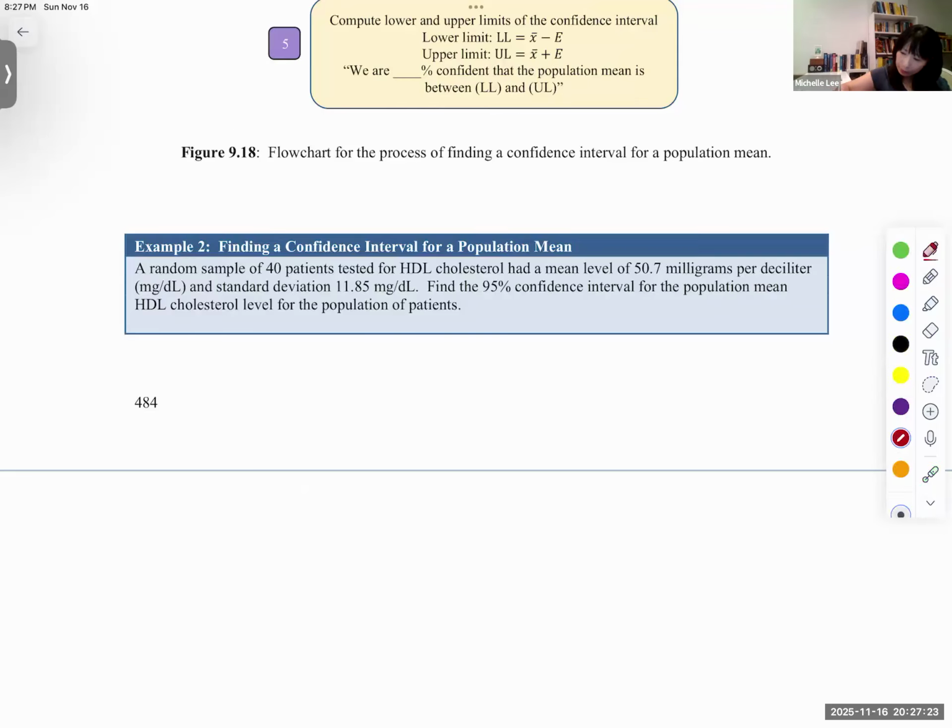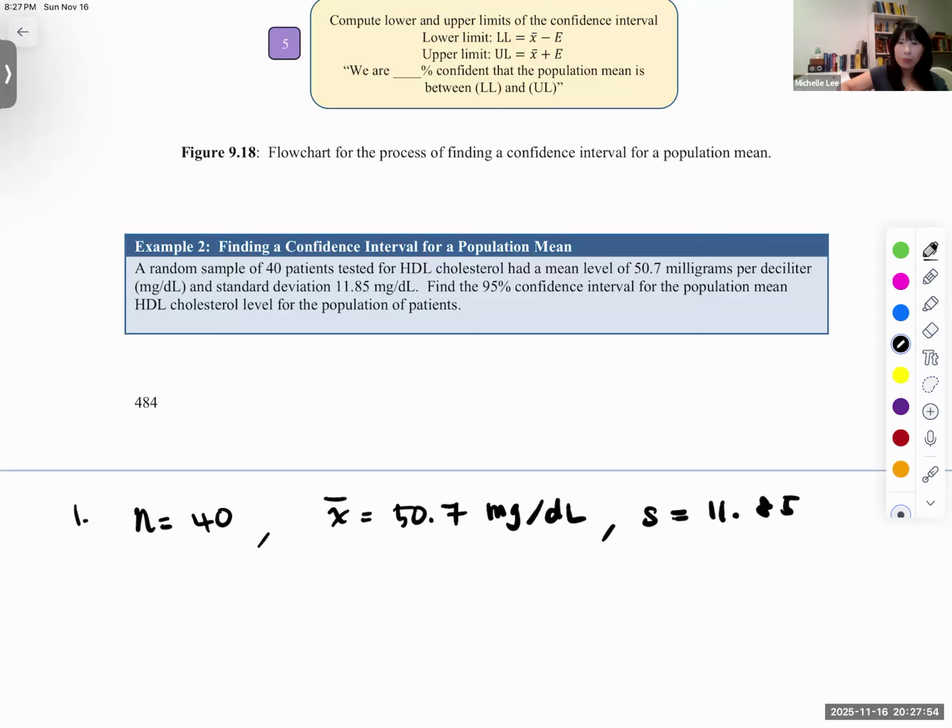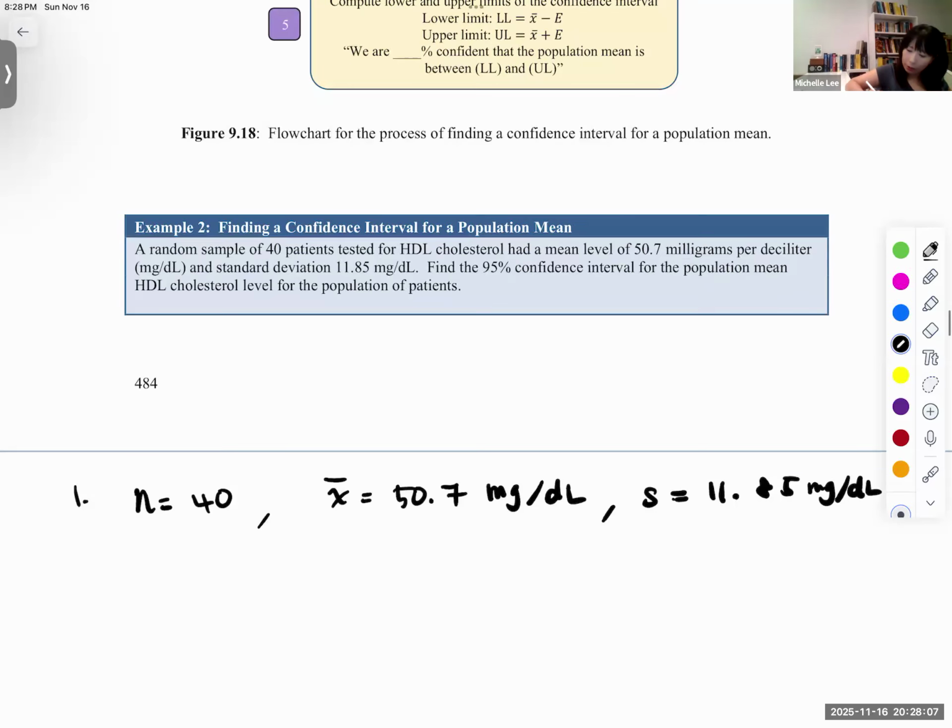Number one, n equal to, what do you get? 40 patients. Then x bar, the mean, is 50.7 milligrams per deciliter, and the standard deviation is 11.85 milligrams per deciliter. For the confidence level, it is 95%.